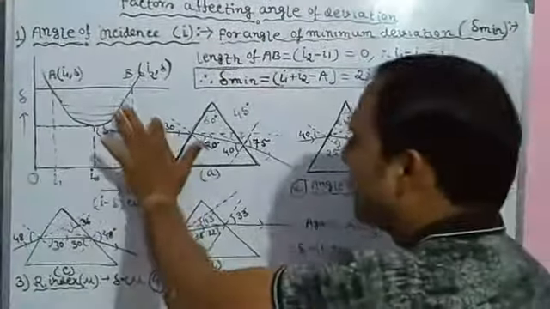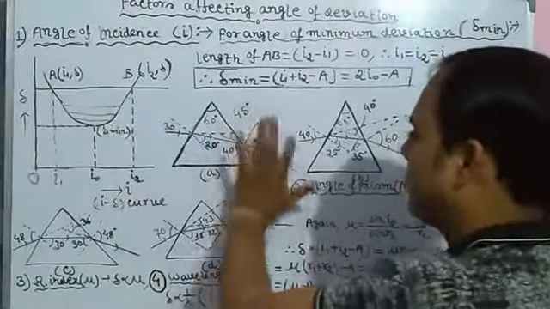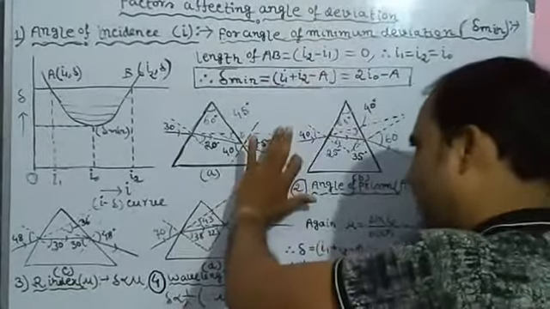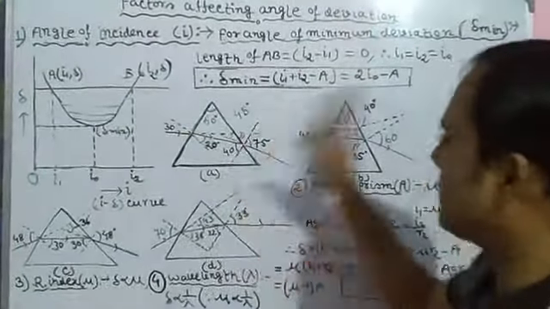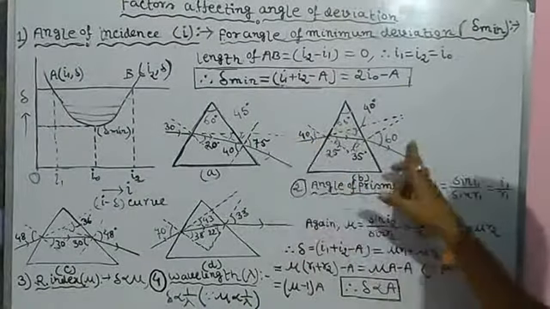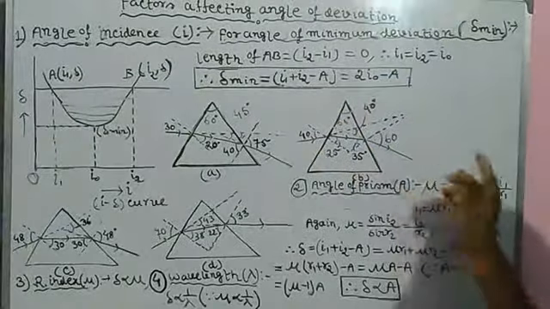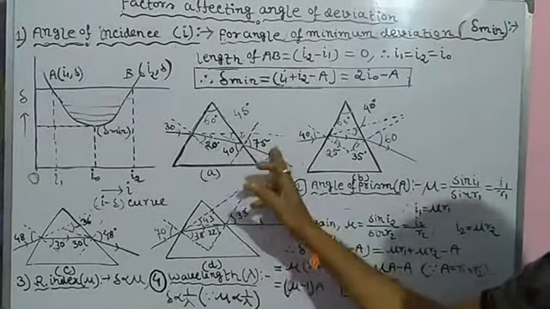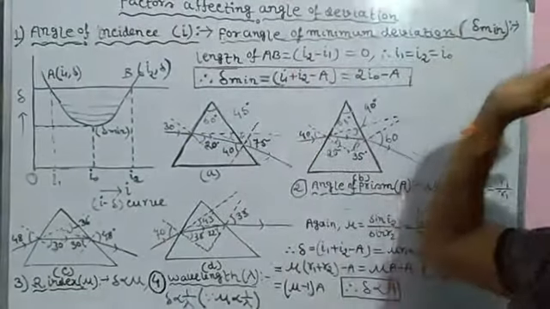So I1 can be either 30 degree or 75 degree. When I1 is 30 degree, I2 is 75 degree. Again when I1 is 75 degree, I2 is 30 degree. So for two values of I1, I2, that's why deviation is same. Two values of angle of incidence, one is 30 degree, one is 75 degree. Both, if I1 is 30 degree or I1 is 75 degree, deviation is same.